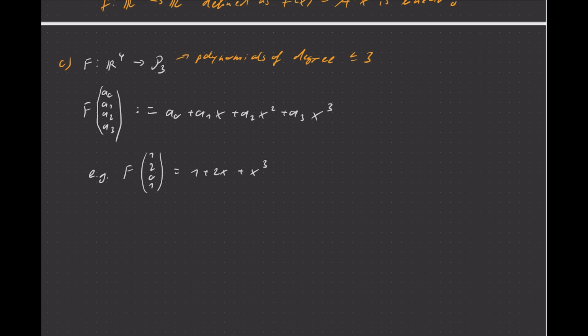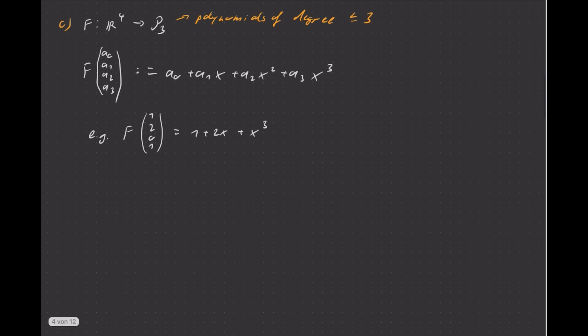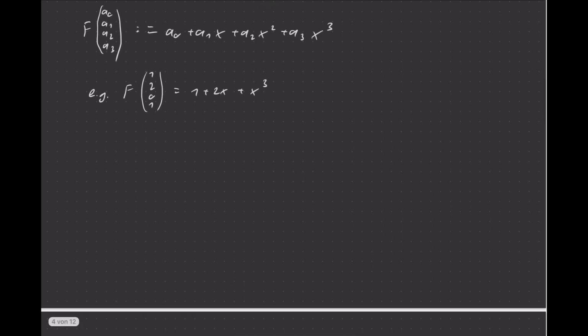Space of coefficients, and then maps that to a polynomial. And that is also a linear mapping. And you can see that if you just do the computations here, so that's a little more to write. Still not very complicated, hopefully.